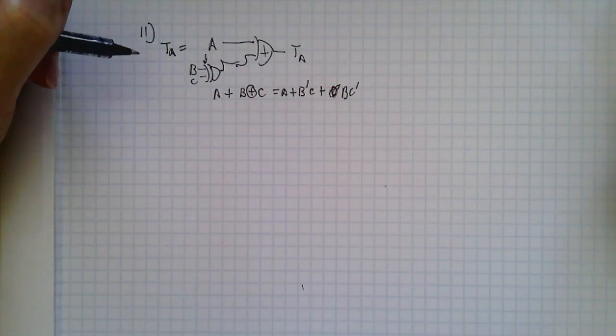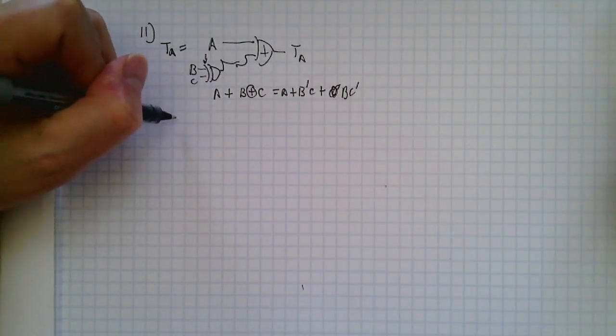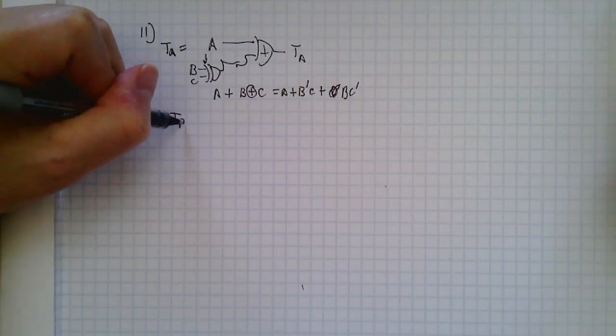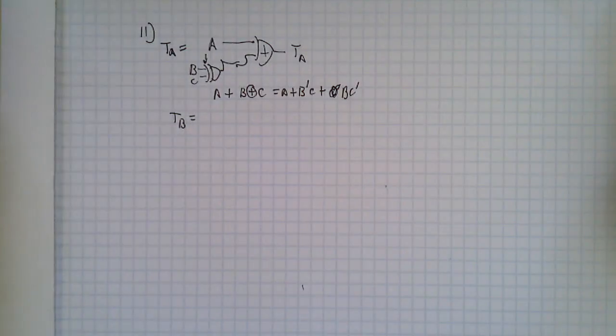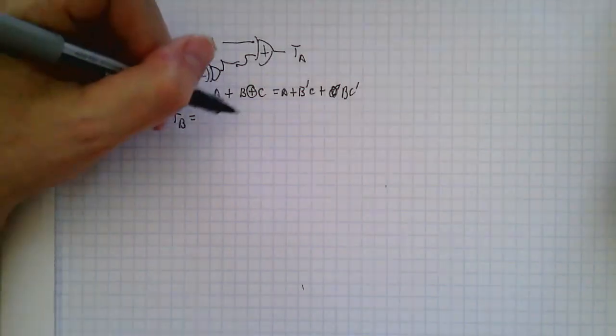So then you can look at T sub B. Can somebody tell me what T sub B equals? Well, let me draw it for you in case you're having troubles.